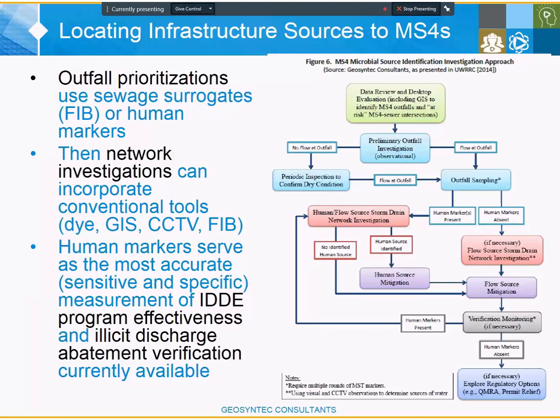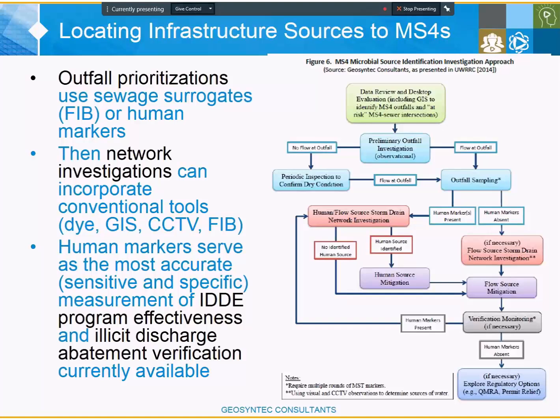And it essentially follows two steps: an outfall prioritization step followed by a network investigation step. The outfall prioritization step, to be effective for eliminating human waste sources, would use sewage surrogates like fecal indicator bacteria or, even better, human markers, which are more sensitive, as we learned in previous presentations, and more specific to human waste.